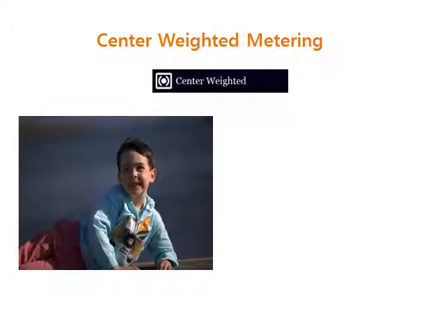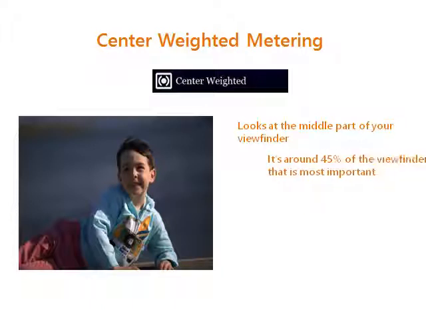So let's have a look at the center-weighted metering. The most important part of the picture here is the young boy. So I put mine onto the center-weighted metering. It takes all the information from the middle, so it's not interested in around the outside.